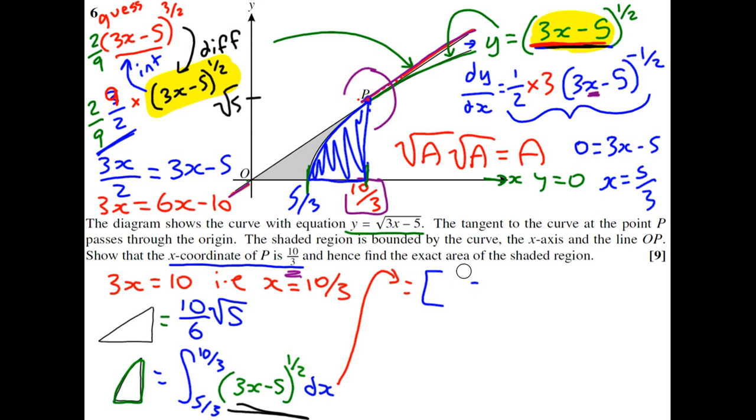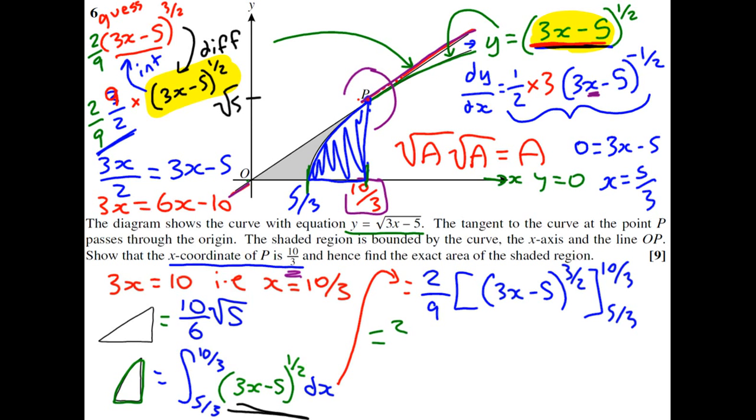2 over 9 can actually, because it's a constant, go at the front. It can wait outside for us. 2 over 9, 3x minus 5 to 3 over 2, and it's going to be between 10 over 3 and 5 over 3. We do want exact form, so we're going to have to keep it as fractions. 2 over 9.